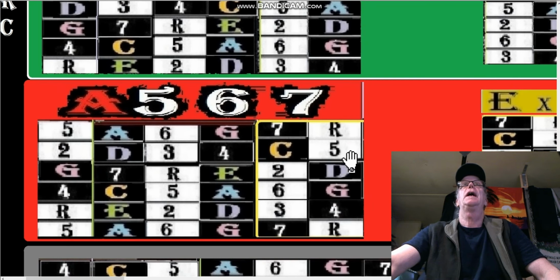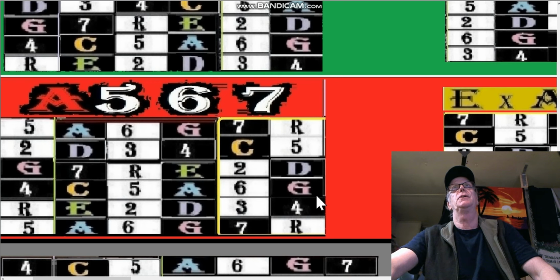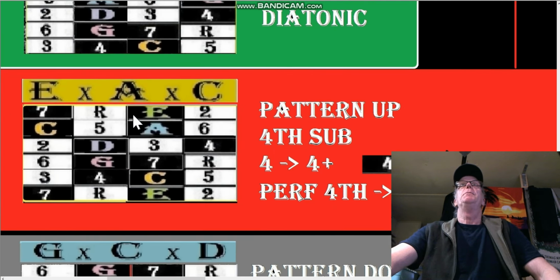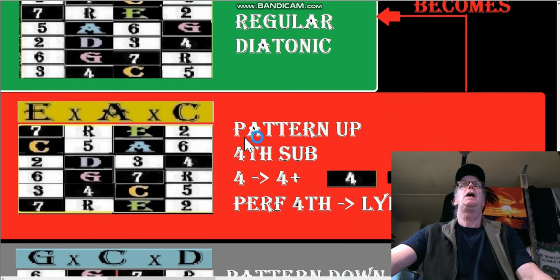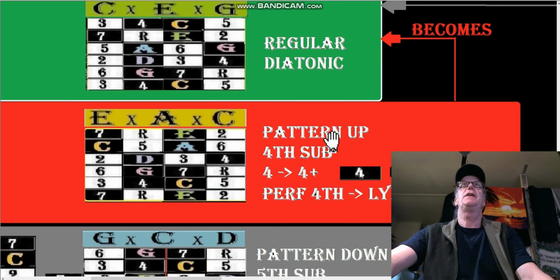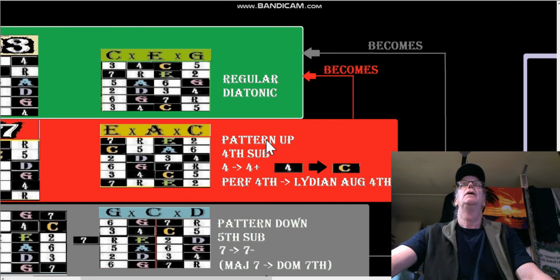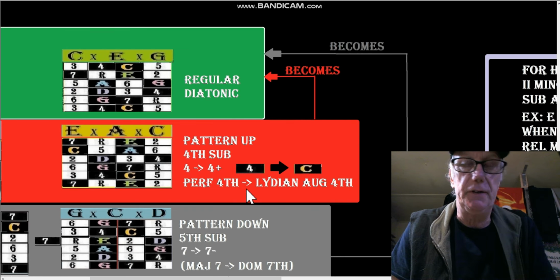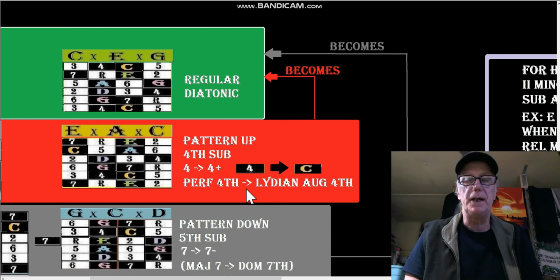So that's the only thing we can't do when we move the pattern up. So let's look at how it's adjusted. Don't worry about this. I made the diagram and I didn't see that I had cropped that out at one point. So we have to make an adjustment here. But keep in mind, and I'm going to say this now, I didn't really realize this when I was making the chart, that if we fully adjust the fourth and the fifth, we're going right back to the regular root diatonic.